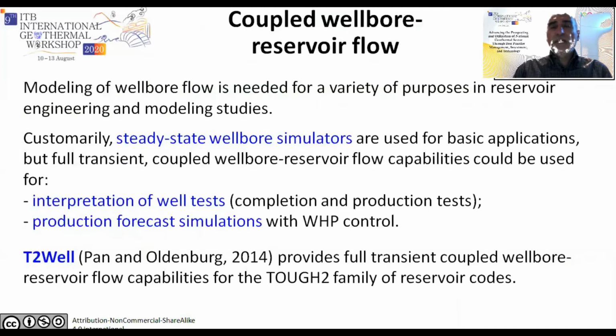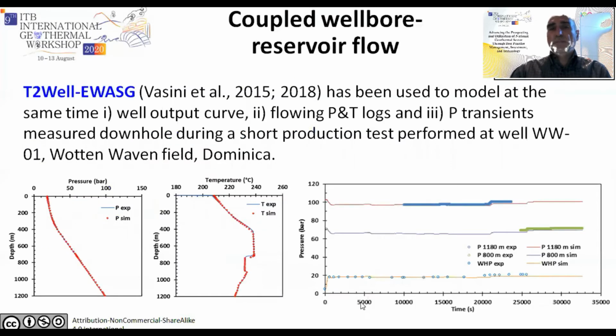These can be very useful for the interpretation of well tests, both completion and production tests, and for production forecast simulation with wellhead pressure control. And again, T2Well can provide full transient coupled wellbore reservoir flow capabilities for the TOUGH2 family of reservoir codes.